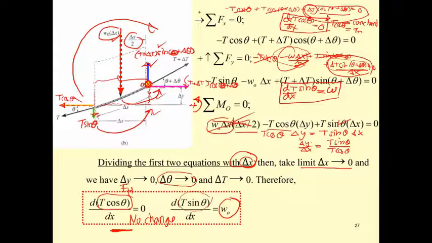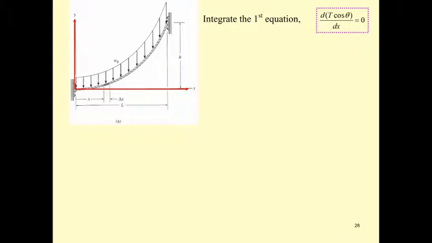If this is cut, this is going to be tan theta. And if it's very small, tan theta is going to be dy by dx. That is going to be the third relationship. Okay, let's take the first relationship, and then if you do the integration, as you may know, this is 0.